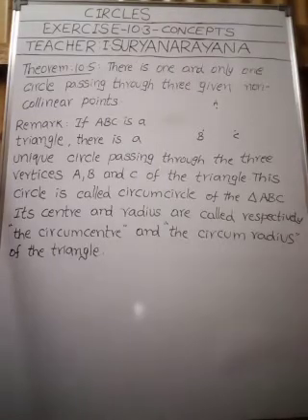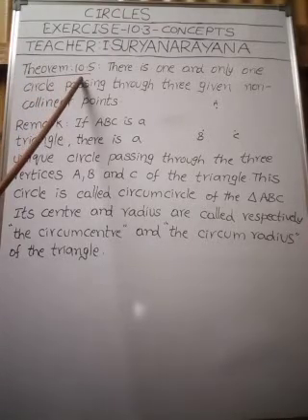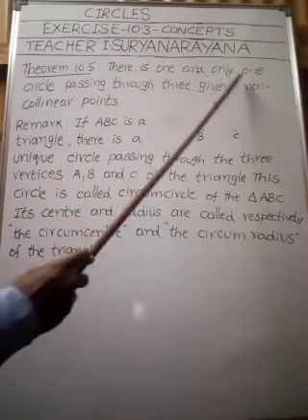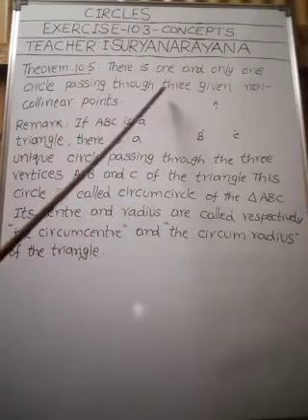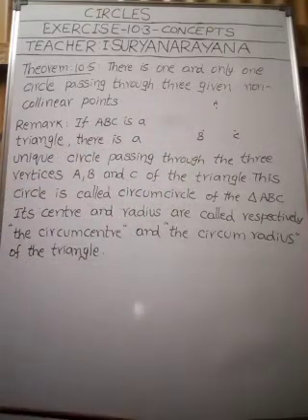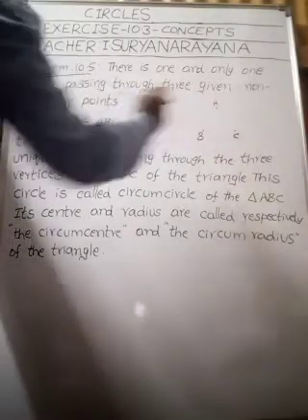Now come to the next theorem, that is Theorem 10.5. There is one and only one circle passing through three given non-collinear points. Understood this point, my children? In a plane, there are three non-collinear points.